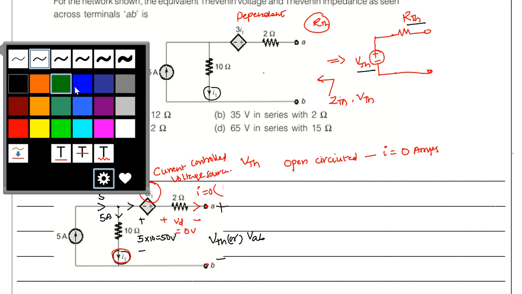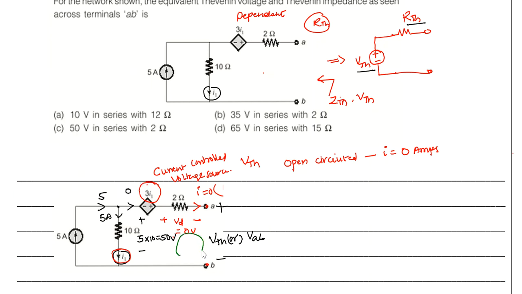Let me choose a different color here. Apply KVL in this loop. The current flowing here is 5 amperes. Going around the loop, first the minus terminal here, with 50 volts: minus 50. Coming here, again a minus sign, so minus, it's a current controlled voltage source, 3 into I1.